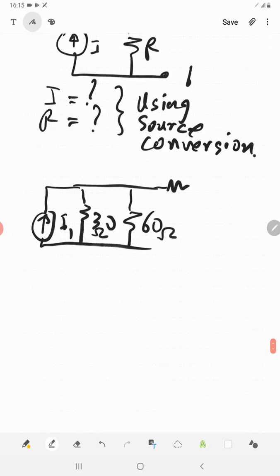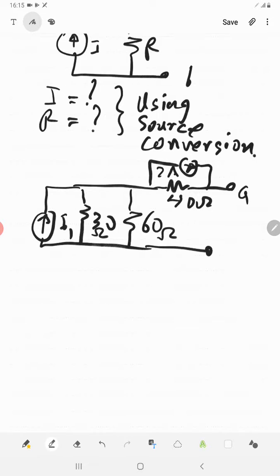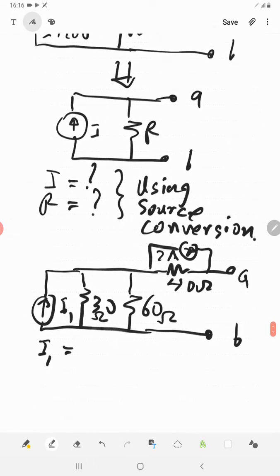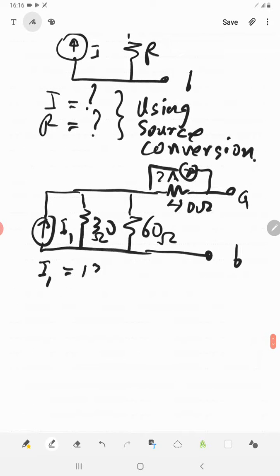Okay, and what we have here is 40 ohms, and we have a current source in this direction of 2 amps, and these nodes are A and B. I1 is equal to 120 divided by 30, which is 4 amps.